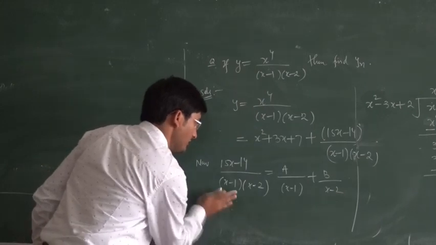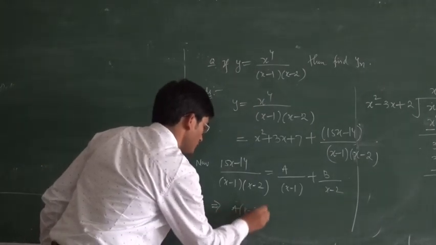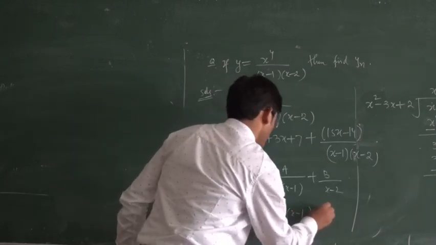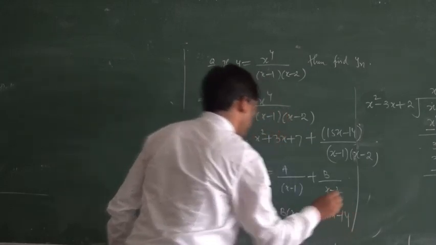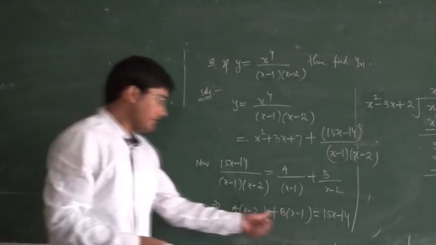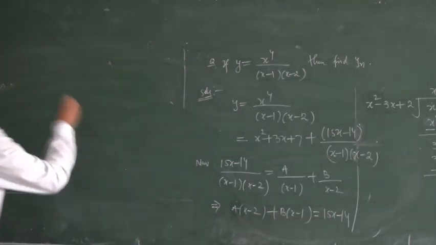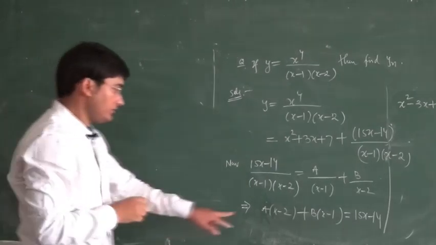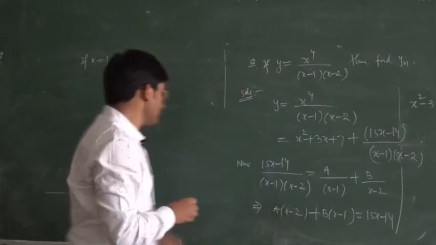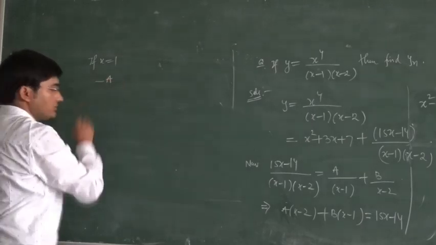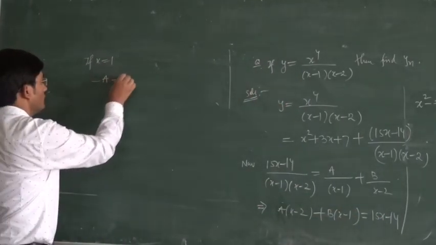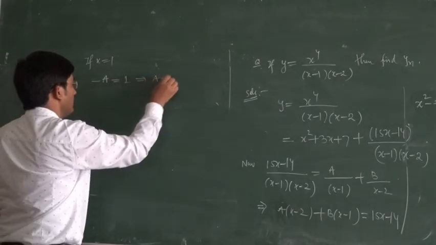On cross multiplication we will have a into x minus 2 plus b into x minus 1 equal to 15x minus 14. If we put x equal to 1, then on the left hand side we will have minus a plus 0 equal to 15 minus 14, that is 1, so our a is minus 1.